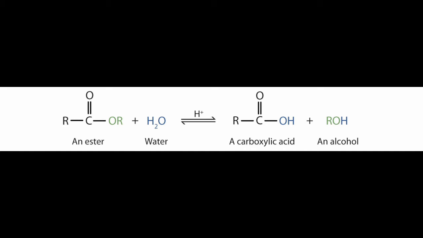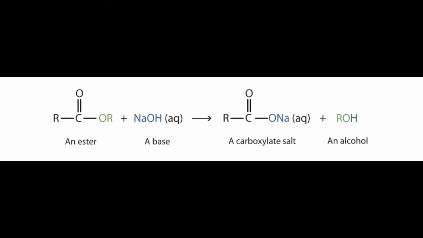This is where you get an ester and water, and it forms a carboxylic acid and an alcohol. As you can see from the H plus in the middle, this is hydrolysis of an ester in acidic conditions. In acidic conditions, the acid is used as a catalyst and does not take part in the reaction. Acids such as sulfuric acid or nitric acid could be used.